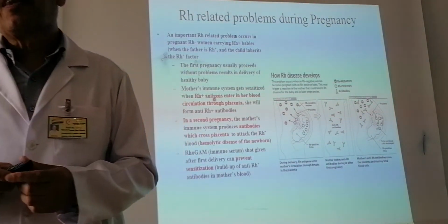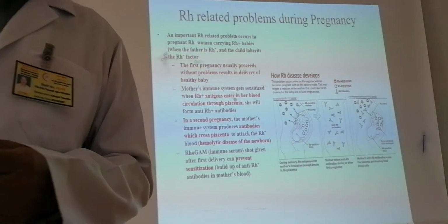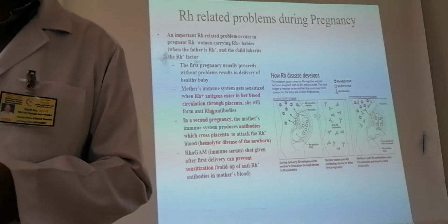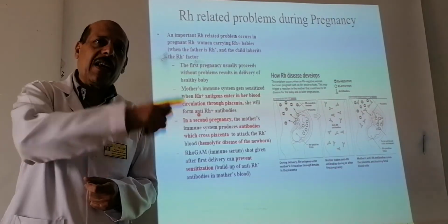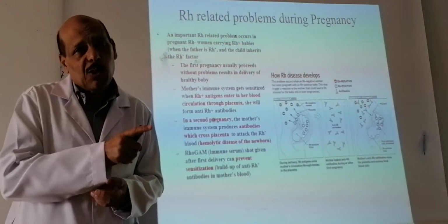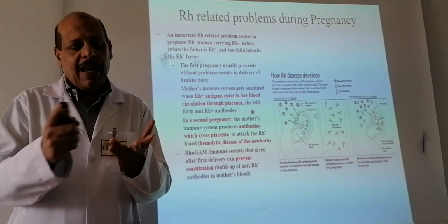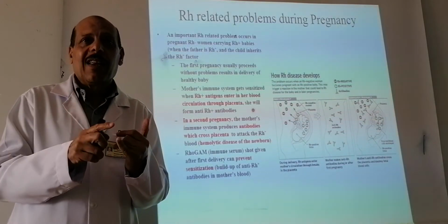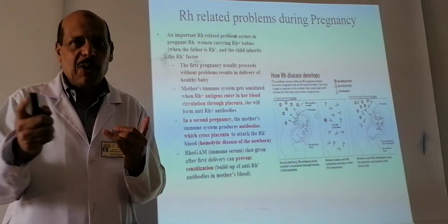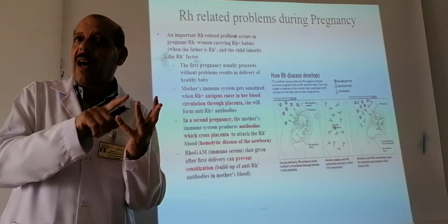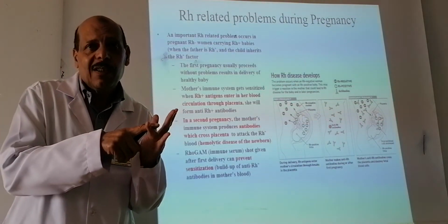But the problem is if the female is Rh negative. In this case, if her husband is Rh positive, there are two possibilities: the infant or the embryo can be Rh positive or Rh negative.